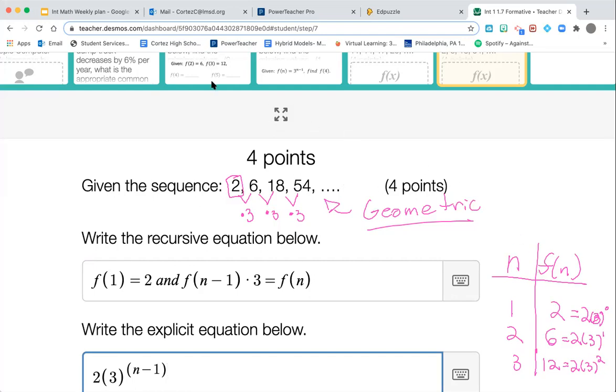Another option, and this is kind of an extra thing, is that if you wanted to go back to the 0 term, you could say that this was going to be 2 times 3 to the negative 1 power, which in this case is just 2/3. So another answer you could have gotten is 2/3 times 3 to the n.